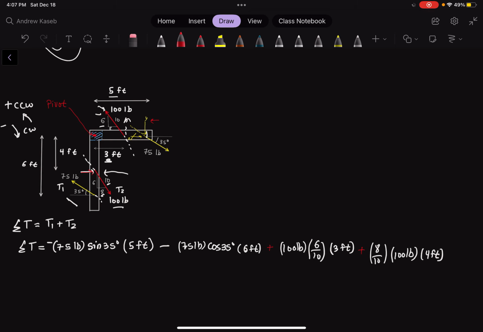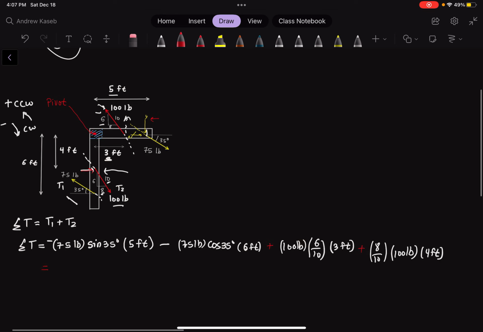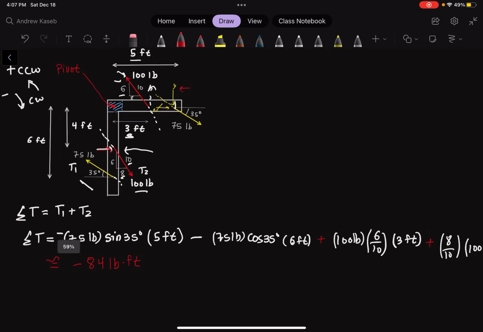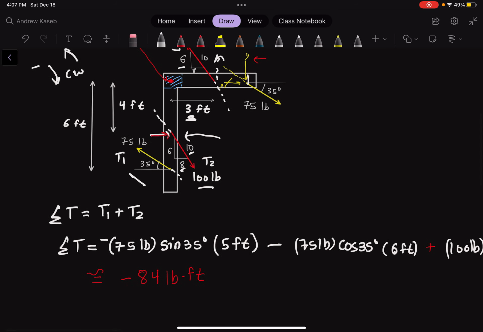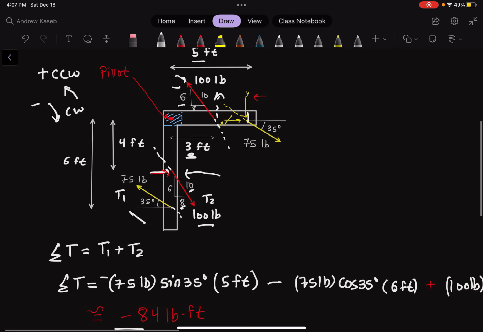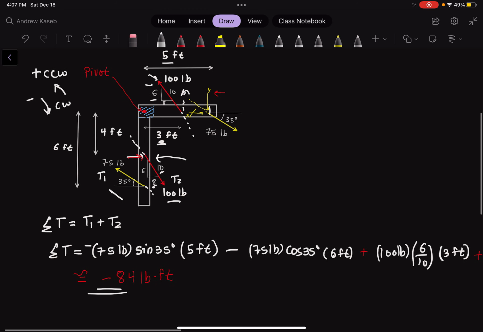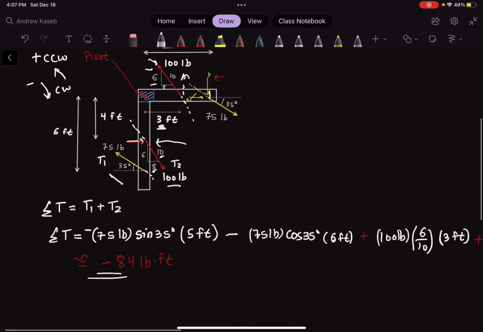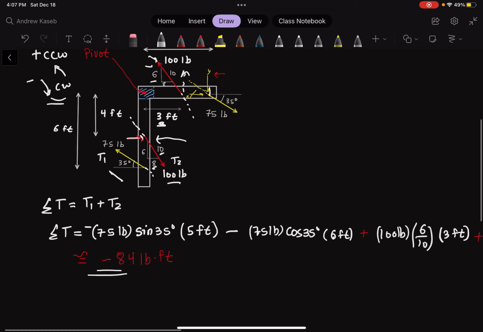So if you were to put this on your calculator, you would get a final answer of approximately negative 84 pounds, not feet. So again, you can see right here that we got a negative sign. So this means that actually the couples are causing this force to go clockwise, not counterclockwise.